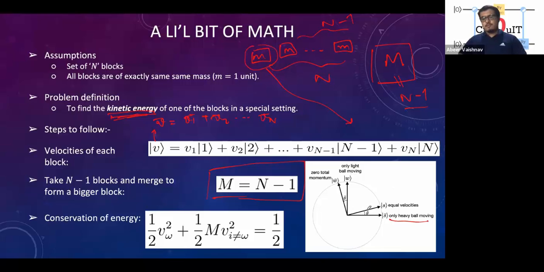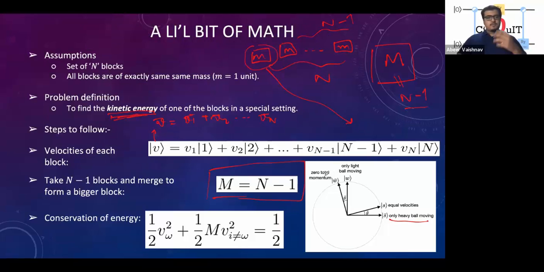And if both have equal velocities, then it will be something like this, because it's an equal superposition. So it will have this particular vector. These two are orthogonal, and this particular vector represents the information of the whole system. This vector tells us that the total momentum will always be zero.